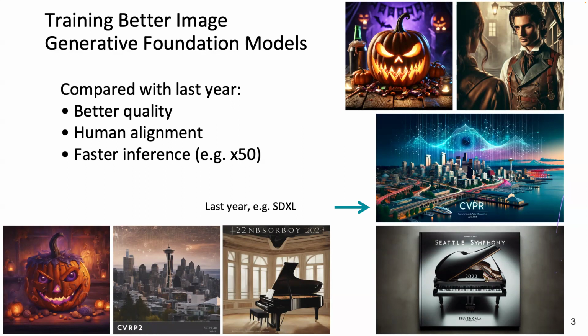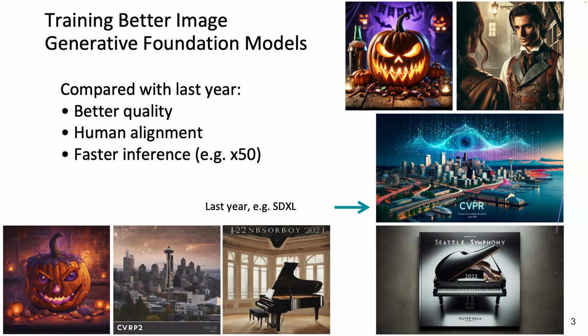More specifically, this involves better quality. For example, if we look at the middle CVPR poster here, on the syntax, it can now more reliably generate the correct syntax. Not only spelling CVPR correctly, but if you further zoom in at the bottom, there is the correct spelling of computer vision and pattern recognition, June 2024, which seemed quite a challenge or even hard to imagine last year.